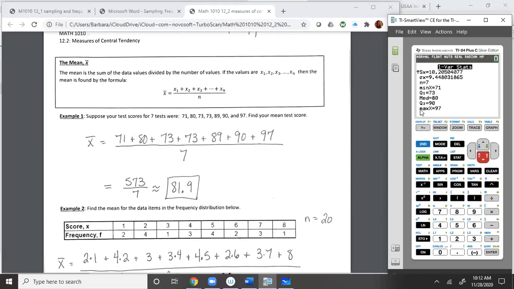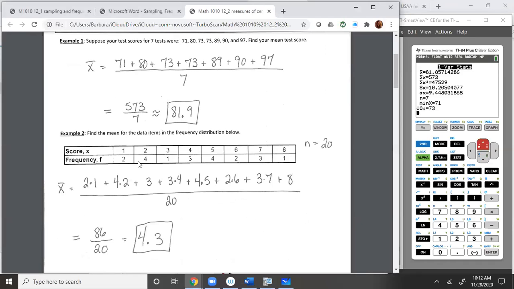We call it the 5-number summary, beginning with our minimum, ending with the maximum. So the smallest number is 71, largest number is 97. The median they give you is 80, and they give you quartiles as well. So that's the 5-number summary. So the mean is indeed 81.9.